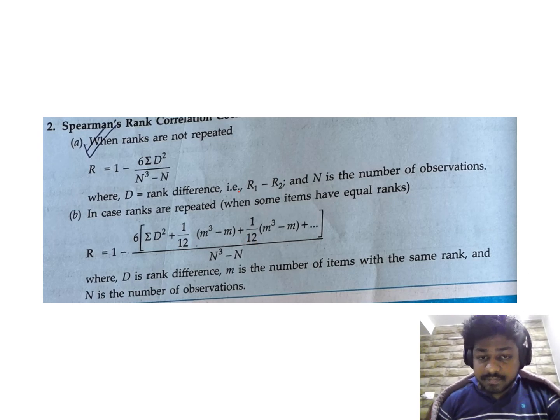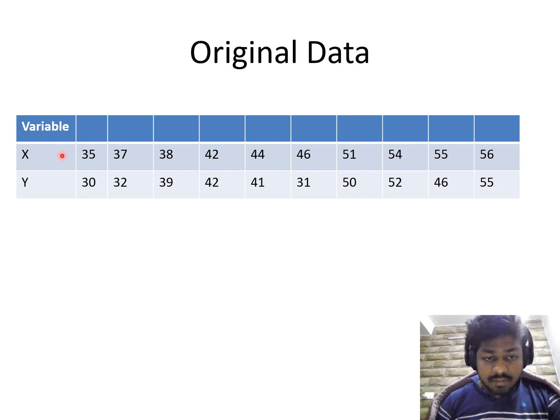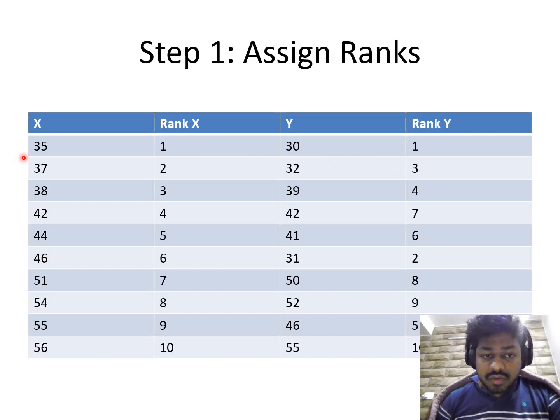Let's say we have taken x and y as the variables here, and this data is, let's say, height and rank. Given x, you calculate the rank of x in ascending order. Let's say 35 is rank 1, 37 is rank 2, 38 is rank 3, all in ascending order.